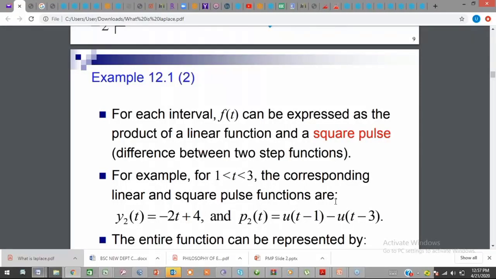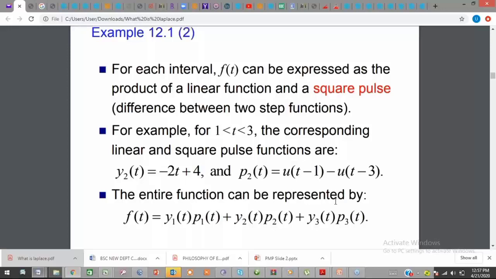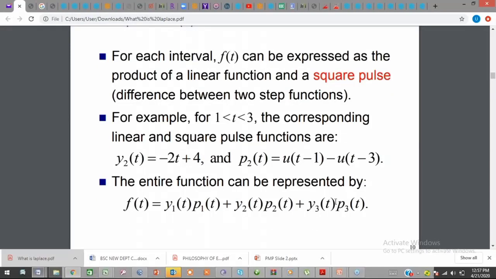So the entire function can be represented, if you're watching my screen right now, as f of t is equal to y subscript 1 of t p subscript 1 of t, plus y subscript 2 of t p subscript 2 of t, plus y subscript 3 of t p subscript 3 of t.